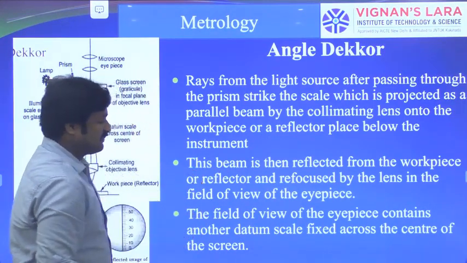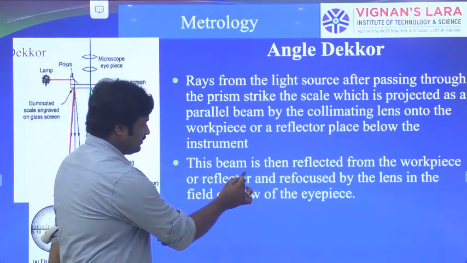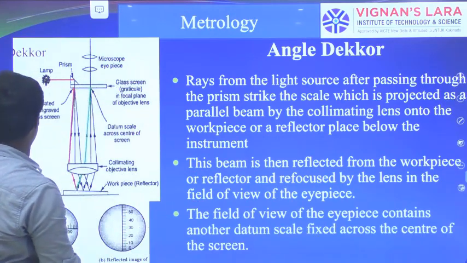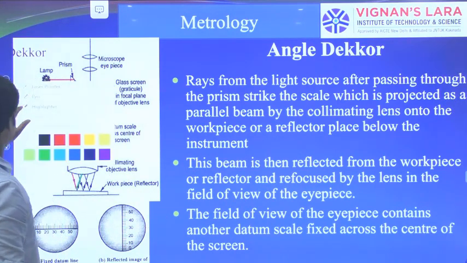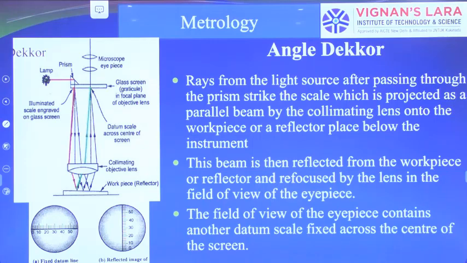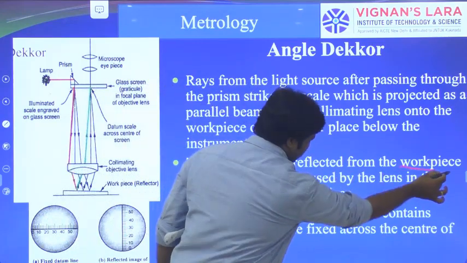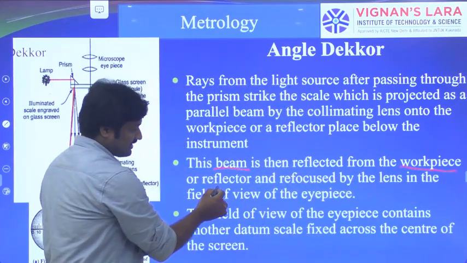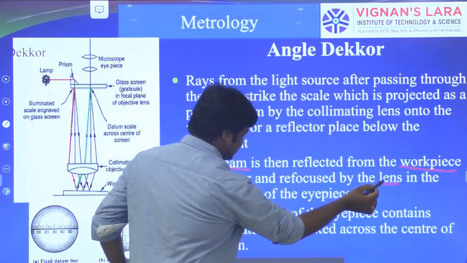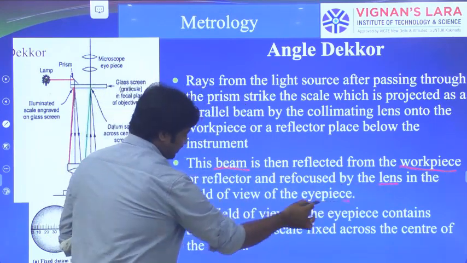So next, this beam is then reflected from the workpiece or reflector and refocused by the lens in the field of view of the eyepiece.